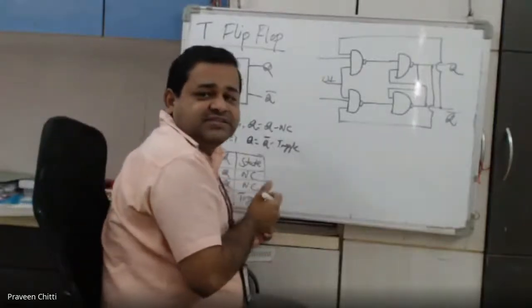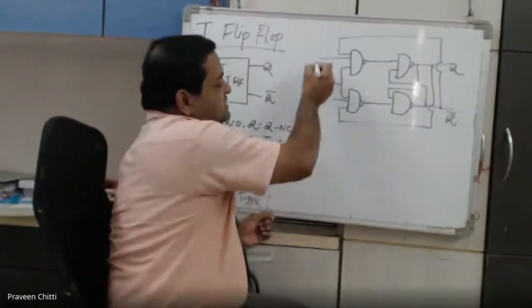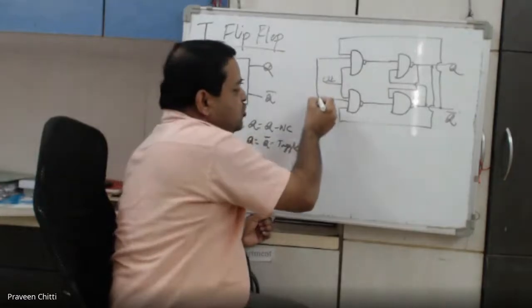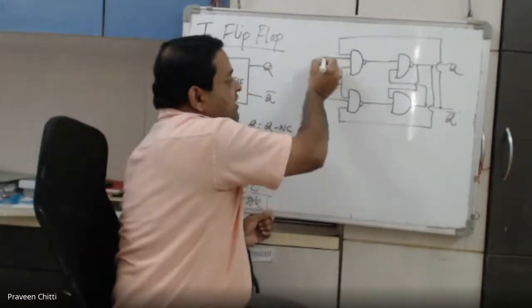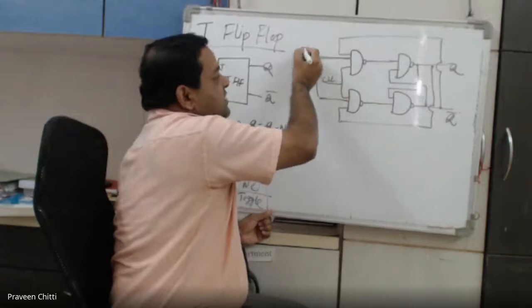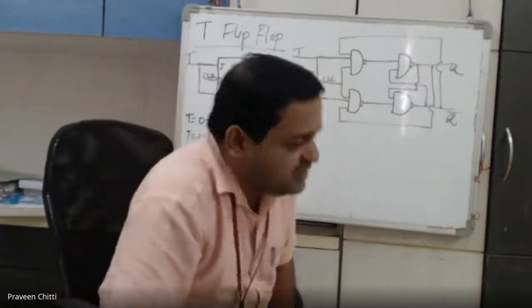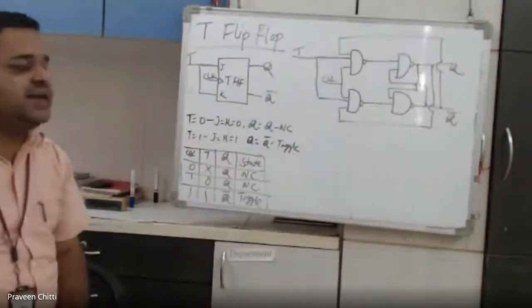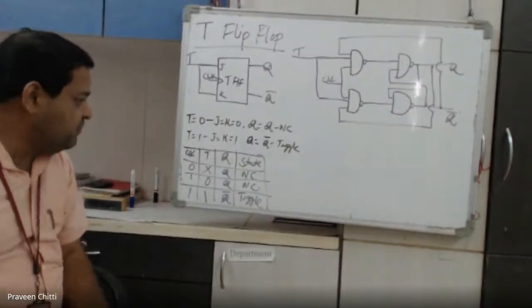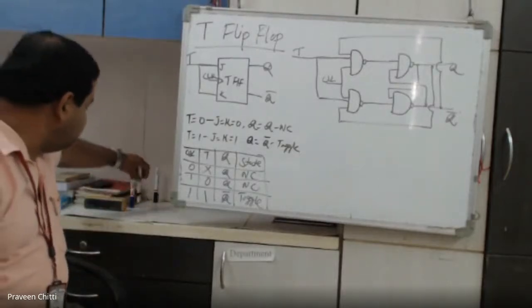So how can you convert this to a T flip-flop? This is J, this is K. Both you short together, and instead of giving separate J and K, give a single input T, and this is the logic diagram for the T flip-flop. Right? So I hope it is clear.